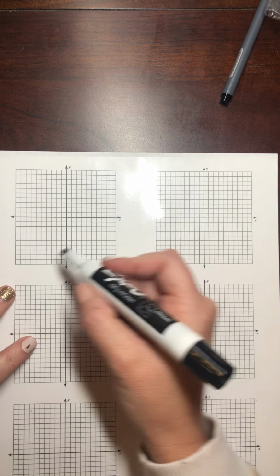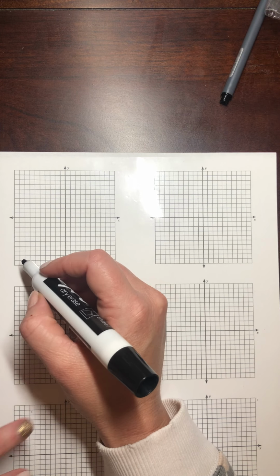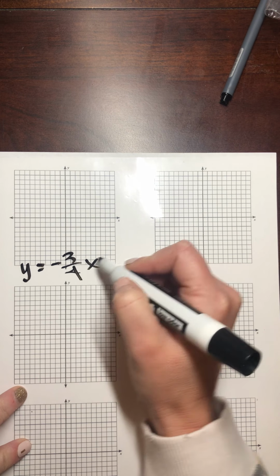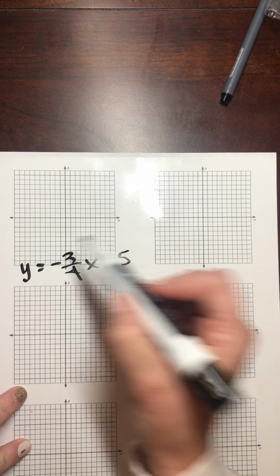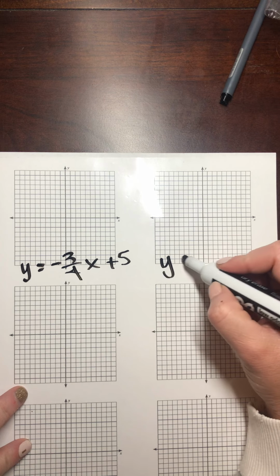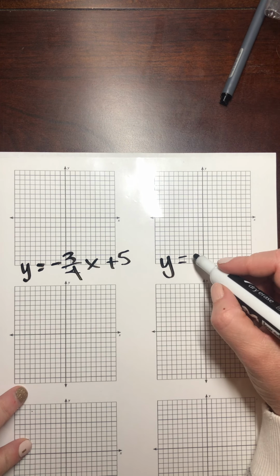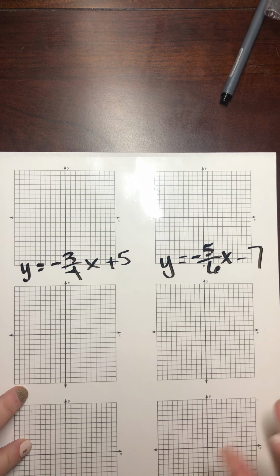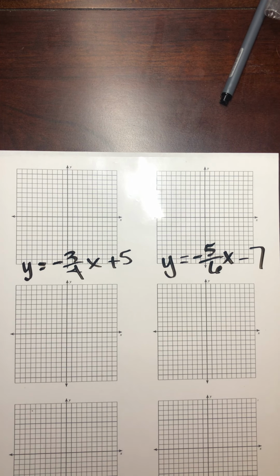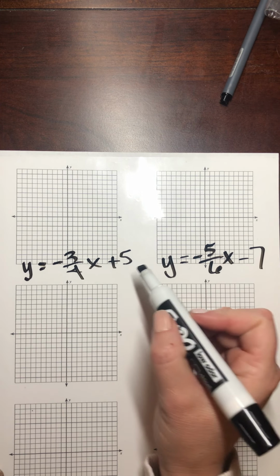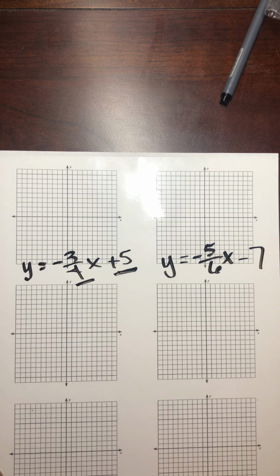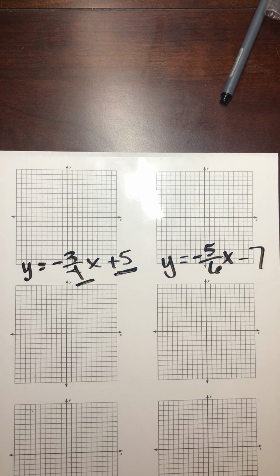I'm going to use the same functions that we were working on. So the first one was y equals negative 3/4 x plus 5. This was from example 1. And then the second one we did was y equals negative 5/6 x minus 7. To graph these, the information we need is provided in the function.